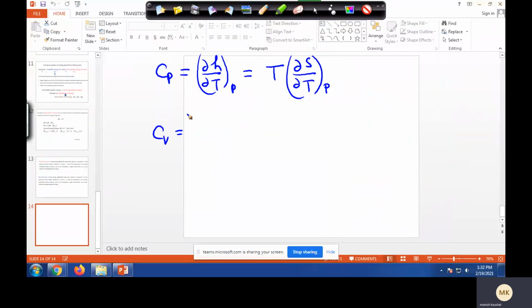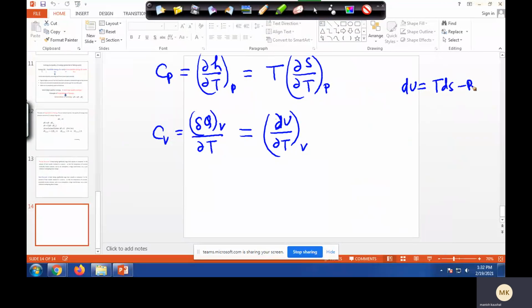Cv. So Cv, you know, is heat given at constant volume by dT. Now you know heat given at constant volume is going to be equal to simply dU, so dU by dT, or rather ∂U/∂T, because the process is happening at constant V. But we also know dU is what? dq minus dw, reversible if we do it, TdS minus PdV, right?